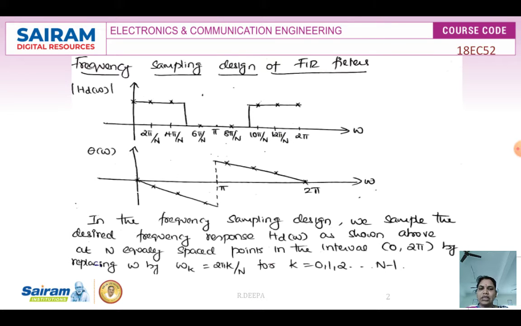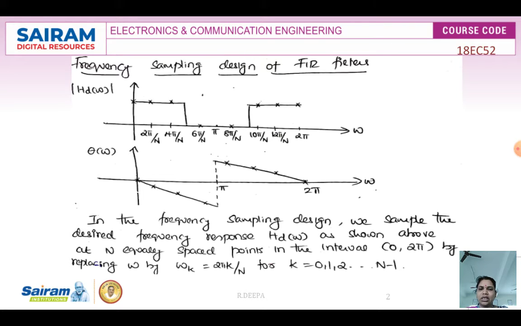So in the frequency sampling design as shown above, we are going to divide this frequency response at N equally spaced points in the interval of 0 to 2 pi, and also we are going to replace this frequency omega by omega k as 2 pi k by N. So using k equal to 0, 1, 2, 3 up to N minus 1, I am going to sample the frequency response.